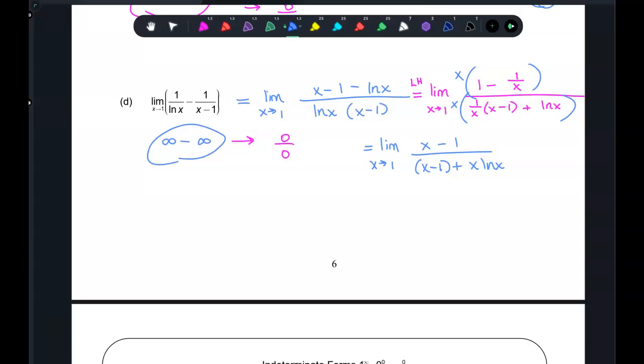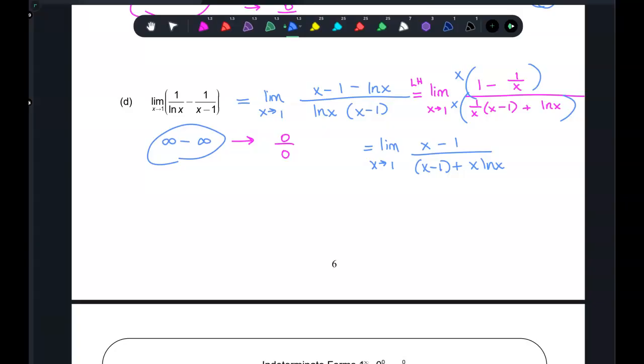Here's the reason. If I were to do the derivative of the top, I'd end up with 1 over x squared, and then in the denominator, I'd have to do the product rule again. Notice now, I still get 0 over 0, but notice what happens when I do the derivative of the top. It's just 1.